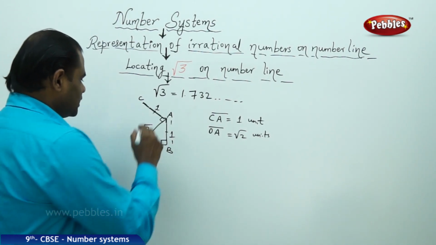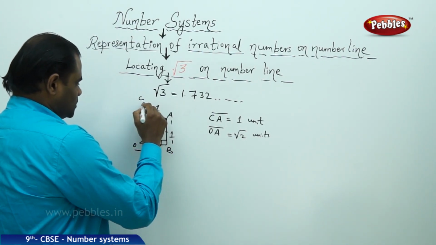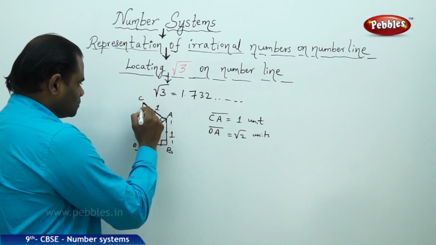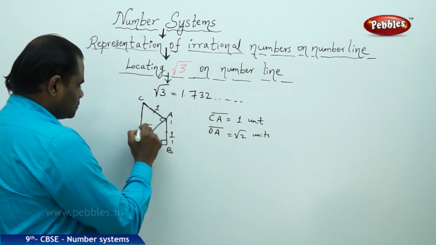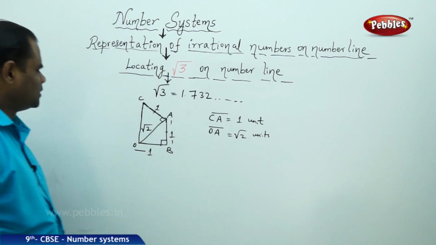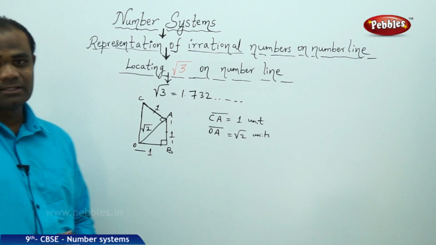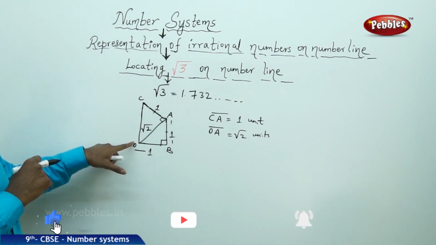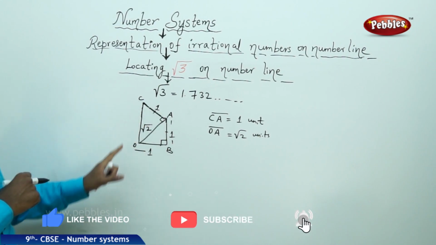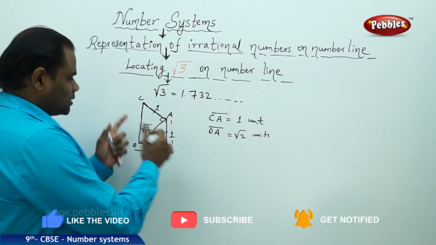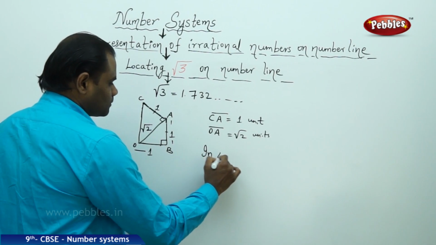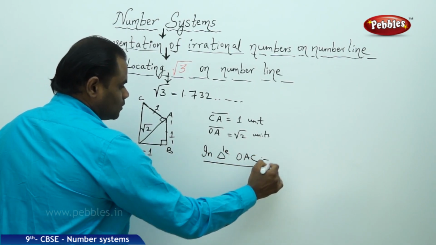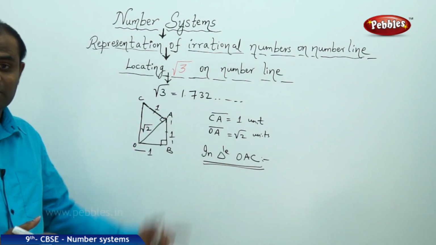Now with this, let me join C to O. Now let's try to calculate the dimensions of the side OC, and focus on triangle OAC and see what we witness from this triangle.